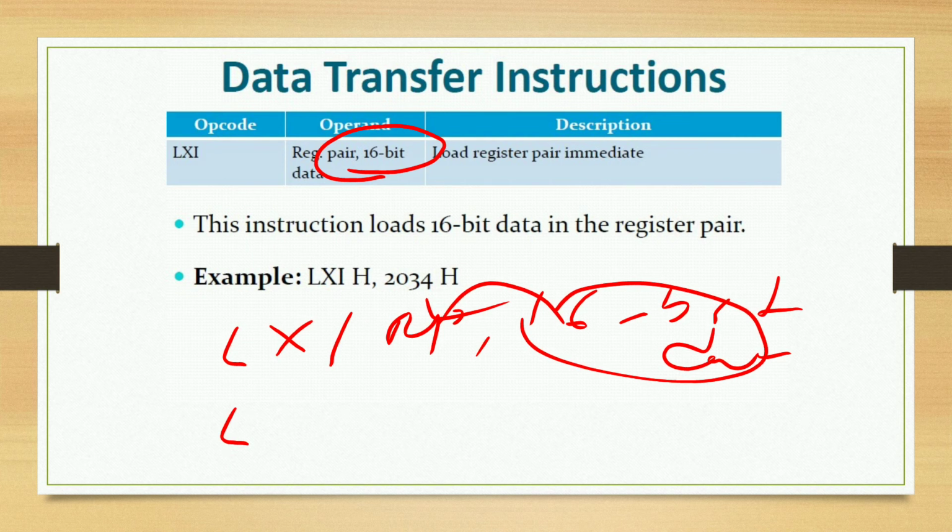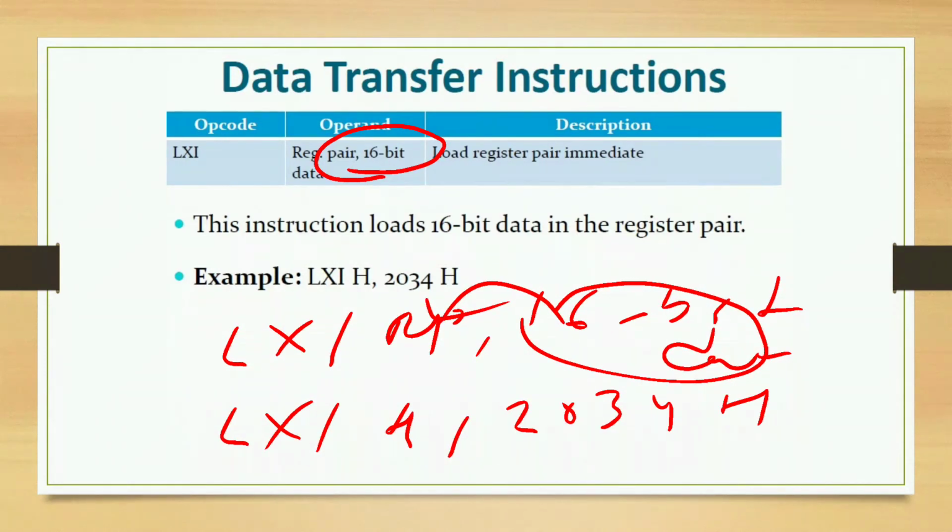Consider LXI H, 2034H. It means load 2034 into the register pair, that is HL.